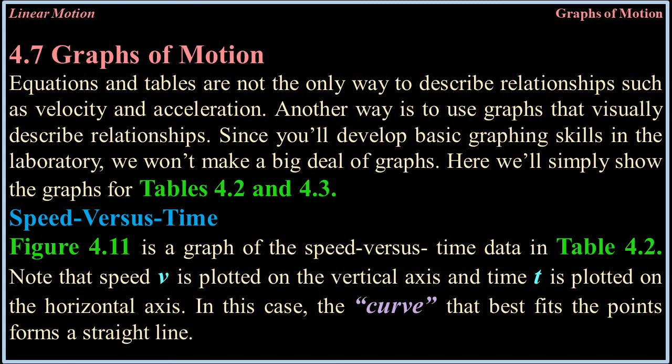Figure 4.11 is a graph of the speed versus time data in Table 4.2. Note the speed v is plotted on the vertical axis and time t is plotted on the horizontal axis. In this case, the curve that best fits the data forms a straight line.